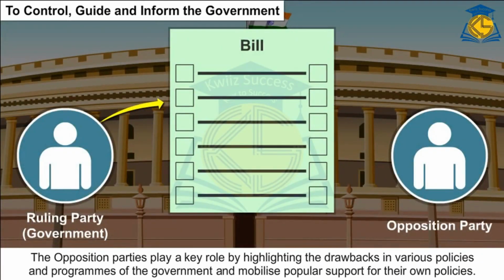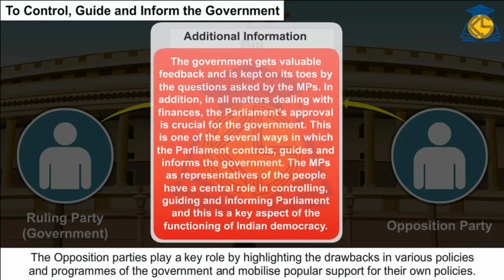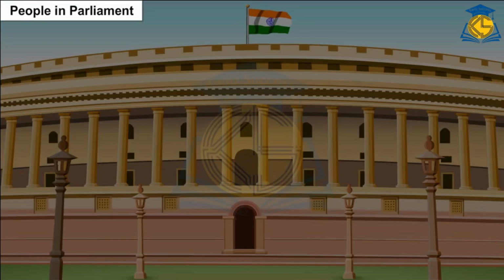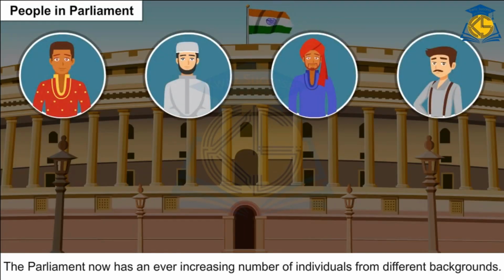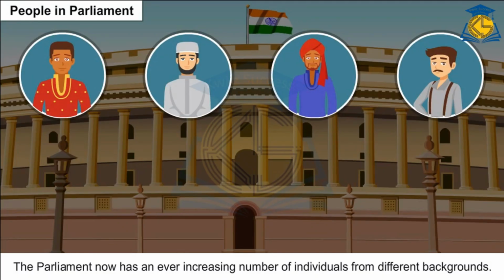The opposition parties play a key role by highlighting the drawbacks in various policies and programs of the government and mobilize popular support for their own policies. People in Parliament. The Parliament now has an ever-increasing number of individuals from different backgrounds.